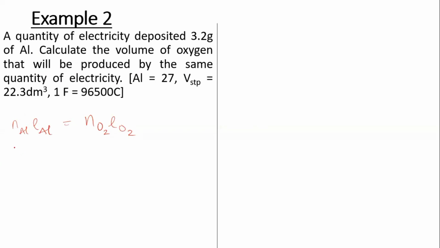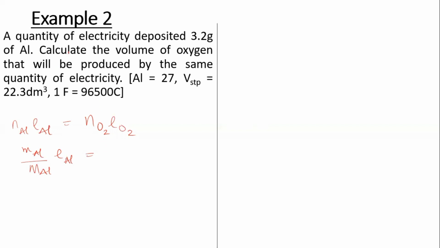All right. So of course, this one is the mass of aluminium over the atomic mass of aluminium, then the charge of aluminium equals to the mole of oxygen.